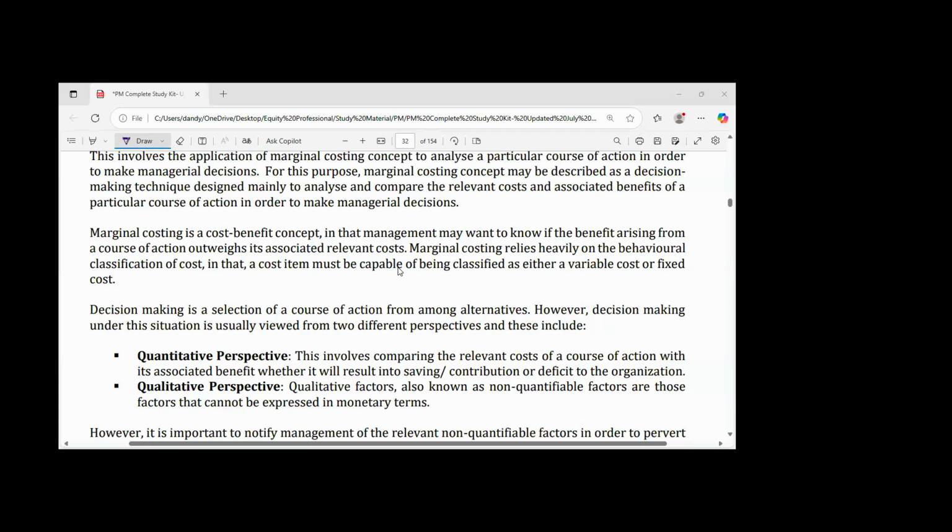Bad decision making can erode the reputation of an organization, and that's why it is important that when a decision is to be made, you bring it to the attention of the management or the designated decision makers for proper guidance, and at the same time avoid any wrong decision being made.